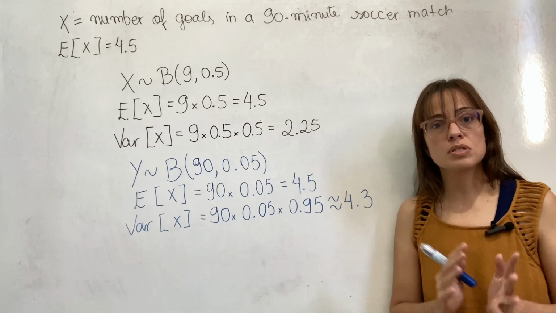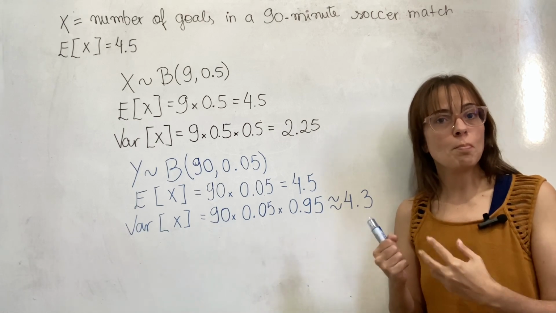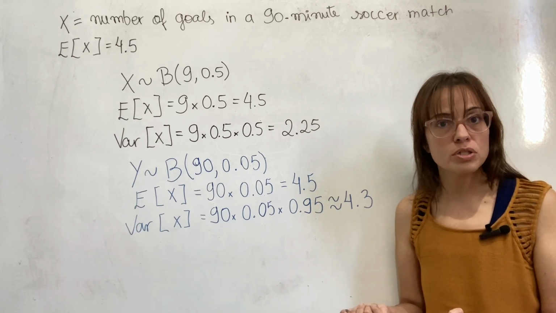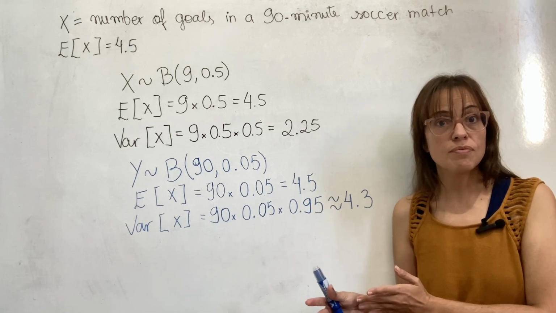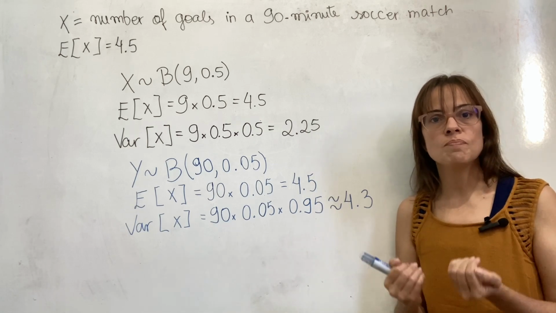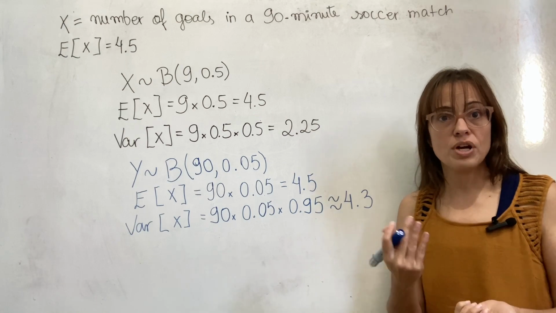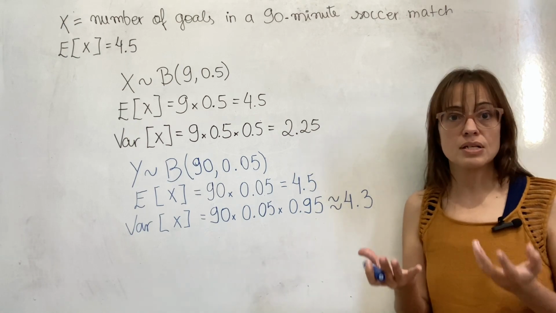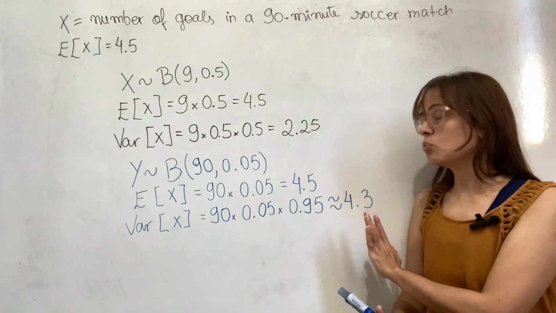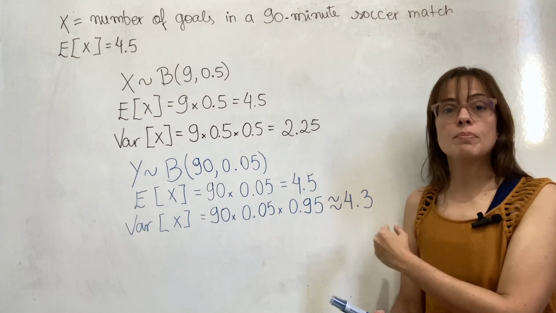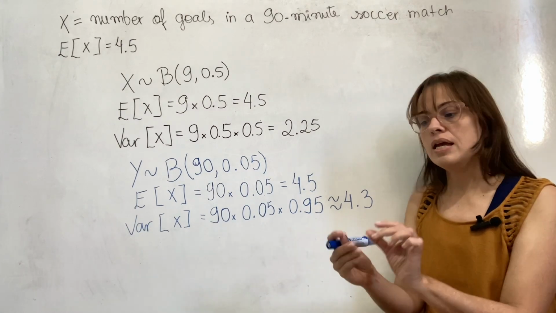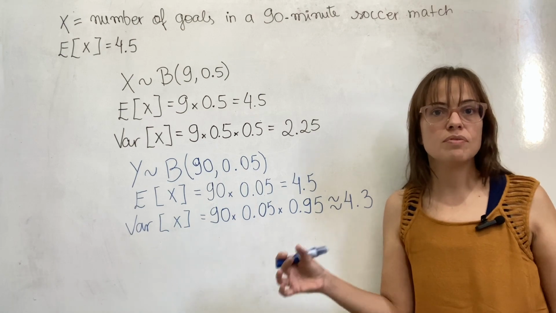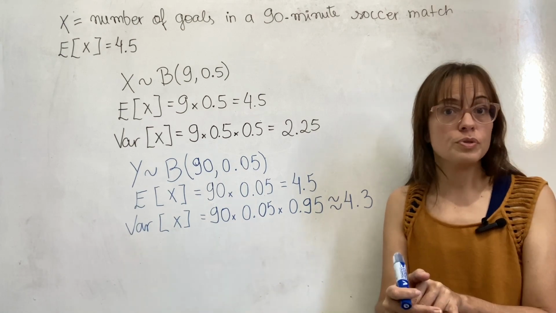So already you start to see what may be happening to create a Poisson distribution here, because remember, the hint that the formula booklet gave us was that the Poisson distribution has this feature where the expected value and the variance are the same. We're not really seeing that here, but this is suggestive that we are going in that direction if we just keep breaking the intervals into smaller and smaller pieces.